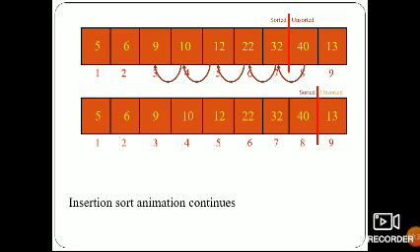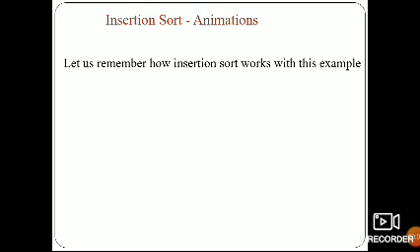Again the last element but not the least, 40 and 13 we will compare. 40 and 13, again it is greater, so now we have to swap. 13 and 40. The 13 will be kept in the proper position. 5, 6, 9, 10, 12, 13, 23, 32, 40.